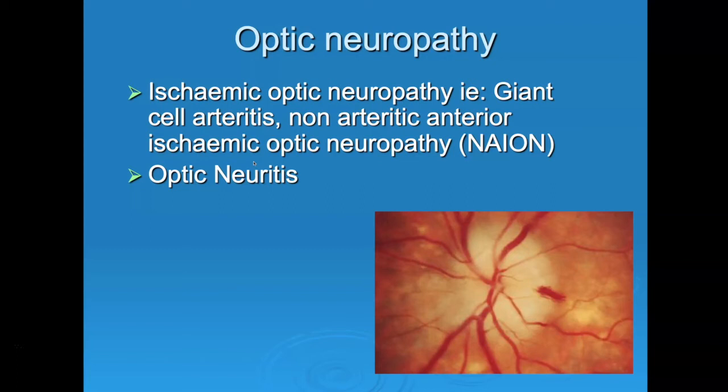Optic neuritis is an inflammation of the optic nerve, and in the vulnerable age groups is often due to demyelination and is loosely associated with multiple sclerosis.